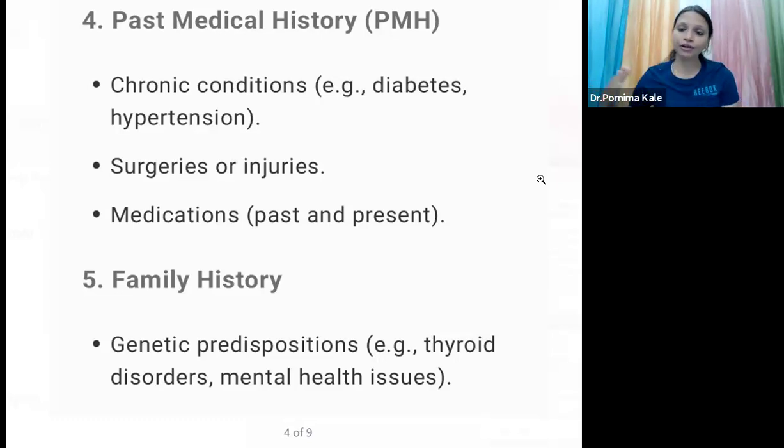After yogic therapy, we need to reduce that dose with the help of reports and the help of that physician. So we should know what dose the patient is taking.